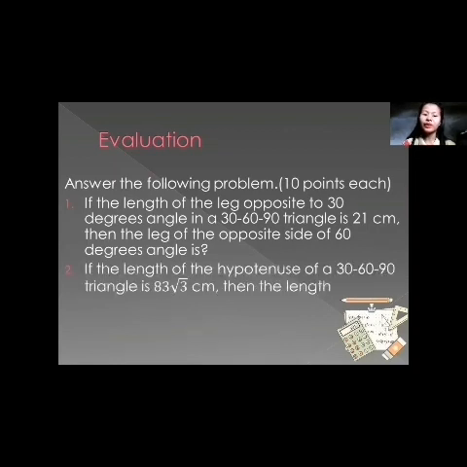Number 2, if the length of the hypotenuse of a 30, 60, 90 triangle is 83 square root of 3 centimeters, then the length of the leg opposite the 60 degrees angle is.